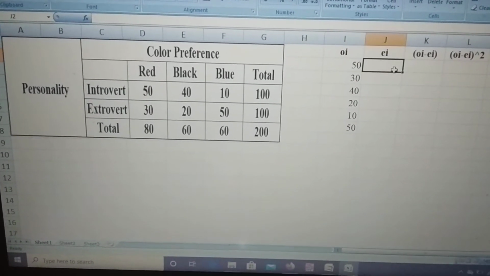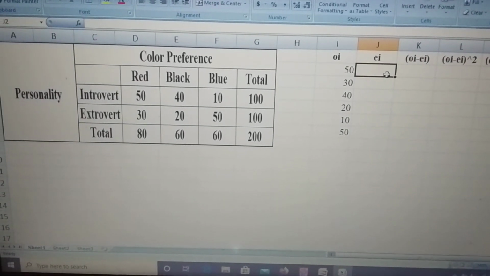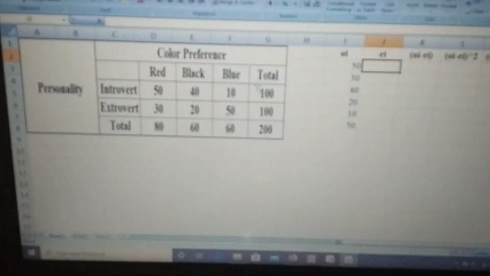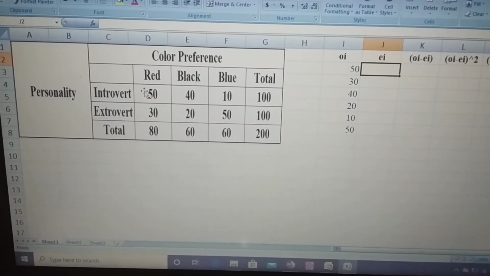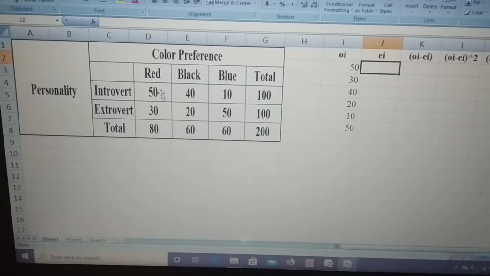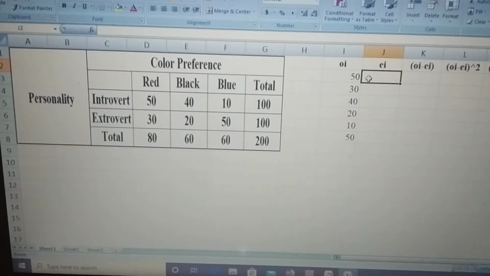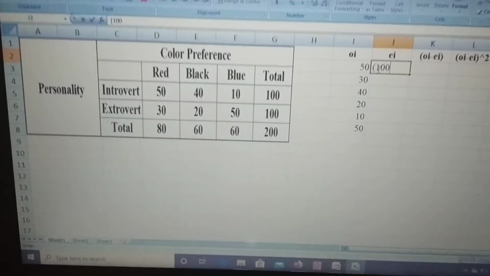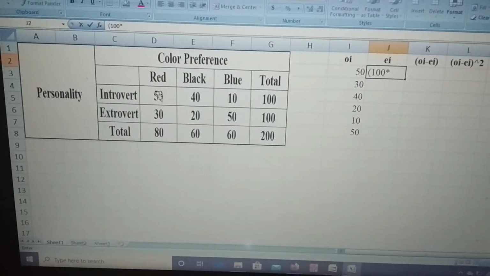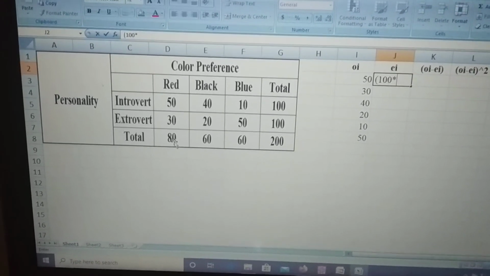Now let's calculate the value of EI for the first observed value, that is 50. We check that the row total of this 50 is 100, so we put 100 multiplied by the column total of 50, which is 80. As you can see, this is 80 of column total.